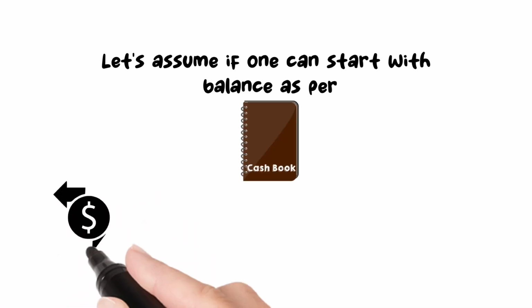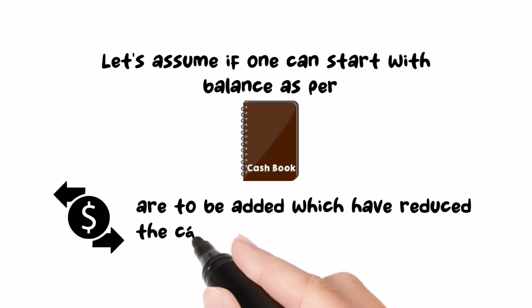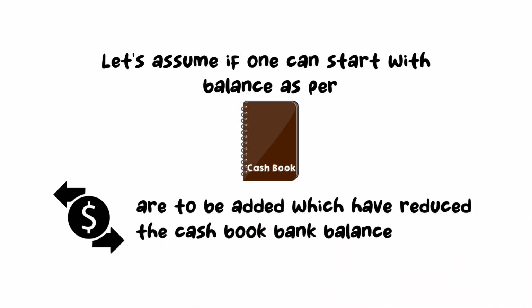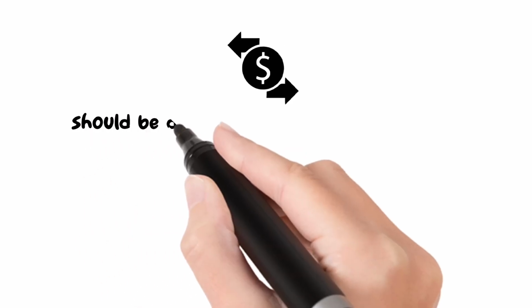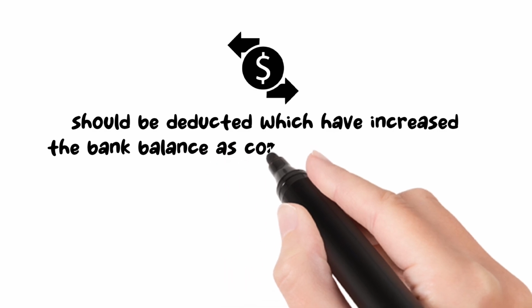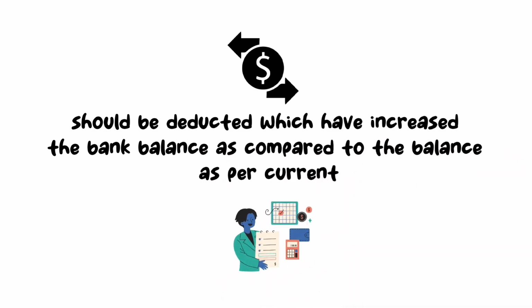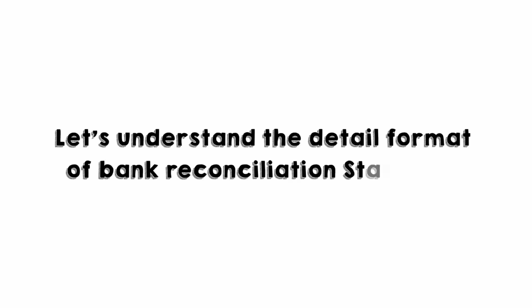All such transactions are to be added which have reduced the Cashbook bank balance, and all such transactions should be deducted which have increased the bank balance as compared to the balance as per current account statement. Let's understand the detailed format of the bank reconciliation statement.